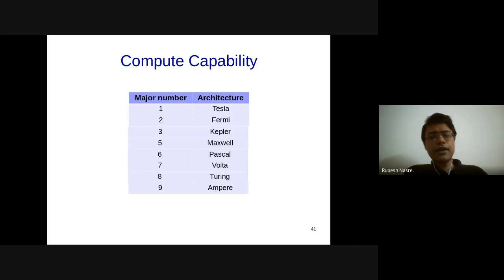So these A100 GPUs are currently the latest ones, which seem to be quite powerful. Does that mean that this is the end of the story so far? Well, so far, yes, it is the end of the story. But there are things that are planned for the future. Their major numbers are anyway 10 and 11, but their architecture names are also specified, although those are not yet in the market. Anybody by chance knows the names?